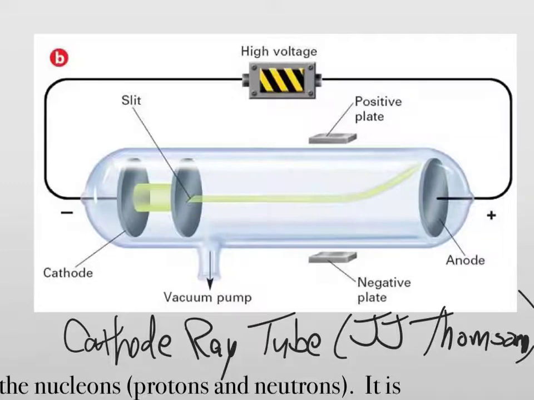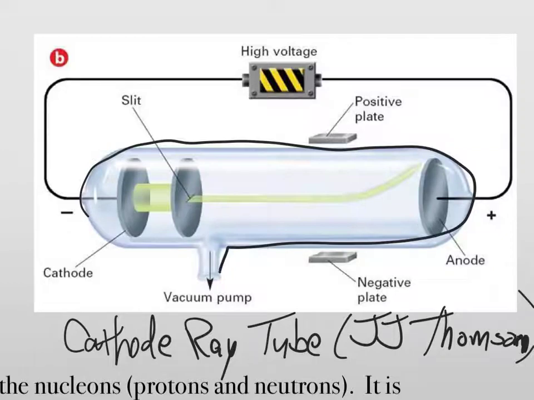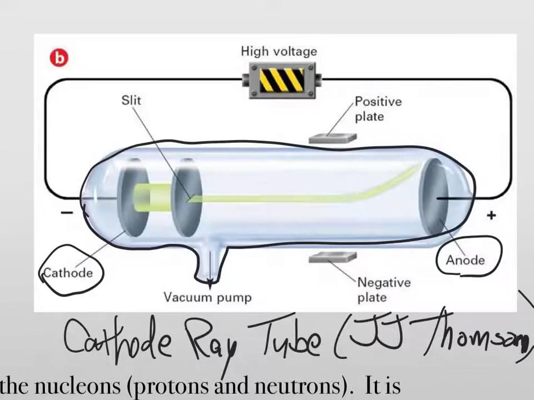Basically what happens is you have this tube right here that had a gas in it that was evacuated with a vacuum pump. Inside of that tube are metal electrodes, and you can see we have the cathode on the left, an anode on the right. The cathode is negatively charged, the anode is positively charged, and that is based upon this battery source right here, high voltage it says.